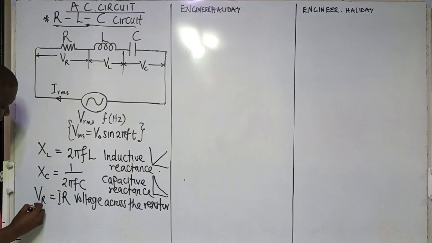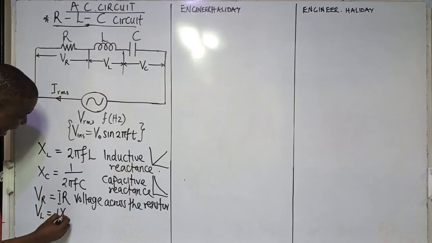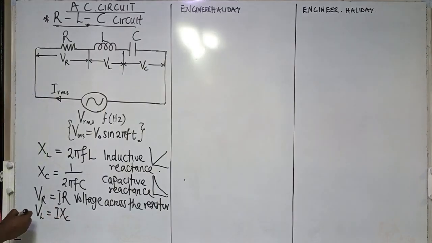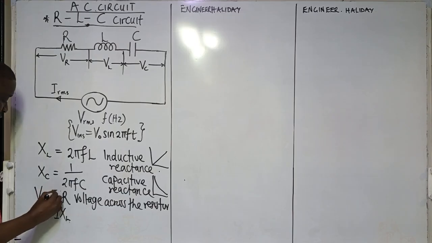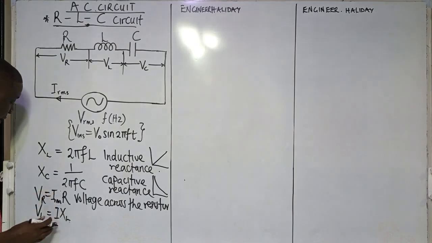Now, another thing: the voltage across the inductor is equal to I times XL. If you notice, I put I because the current is the same for the three components, IRMS, let me put it that way.